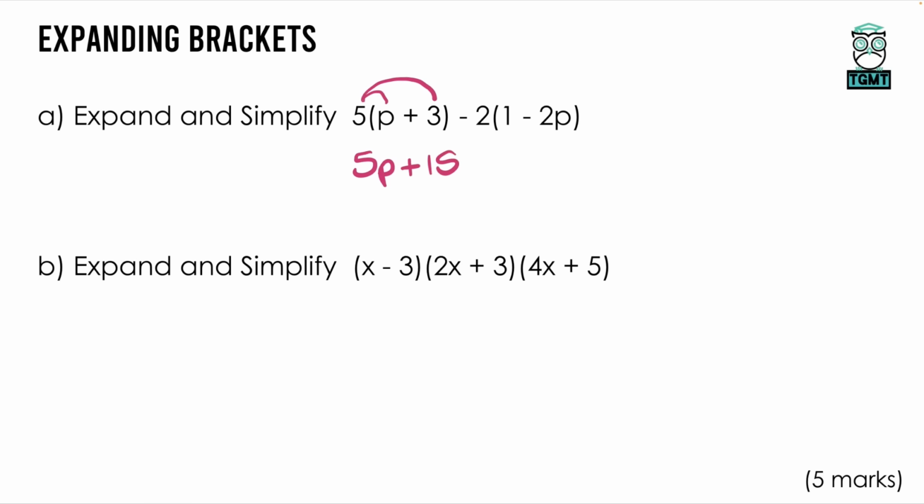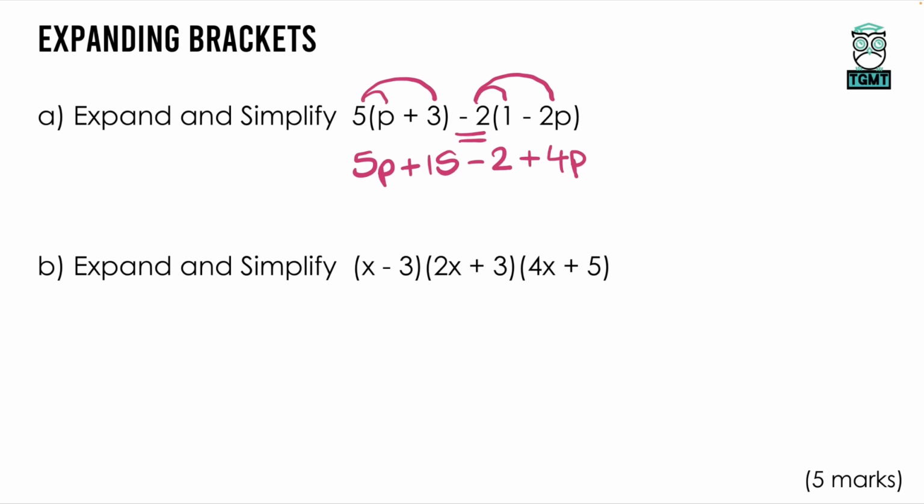Now the next bit you can approach in two different ways. You could times what's in the bracket by 2, and then remember you have to take them both away, but when there's a negative in the middle, I prefer just to times by -2. So -2 times 1 is -2, and -2 times -2p, we have a negative times a negative there, which is going to make positive, so we get plus 4p.